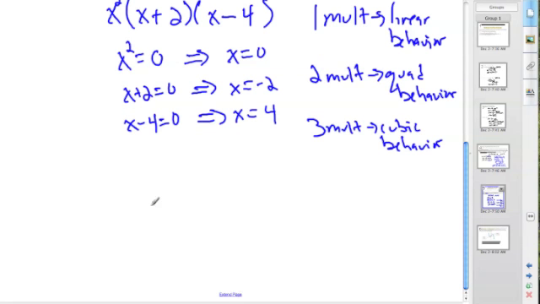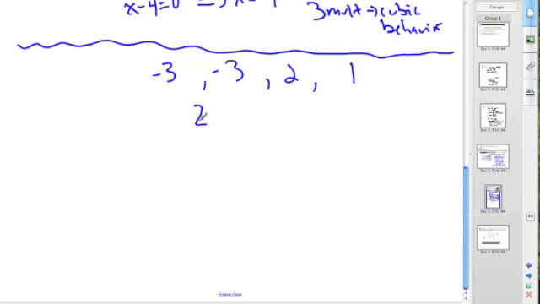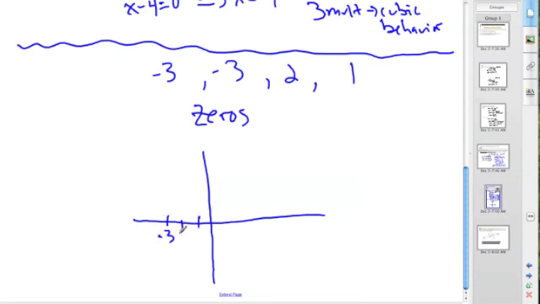To go further into behavior, I'll do one example. If you have zeros of -3, -3, 2, 1, those are the zeros. We have multiplicity 2 at -3, and here's 1 and 2. So at -3, we are quadratic-like, so we have a U shape.